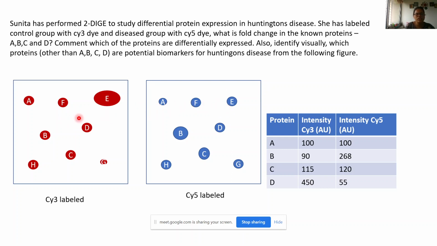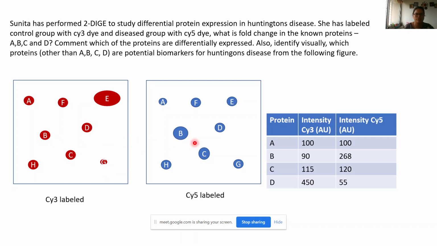Can anyone comment on which of the other proteins is down regulated and which one is up regulated? Okay, so Divya has written B and C are upregulated.